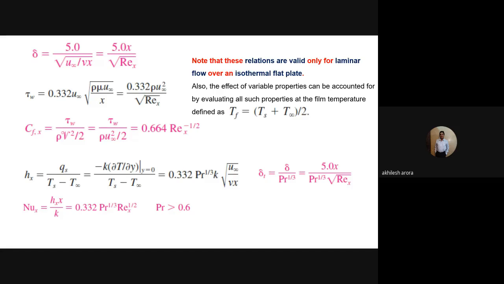We discussed the continuity equation, the momentum equation, and the energy equation. From the first two equations, continuity and momentum, we can define the velocity boundary layer, and the solution of the thermal boundary layer can be achieved with the help of the energy equation.